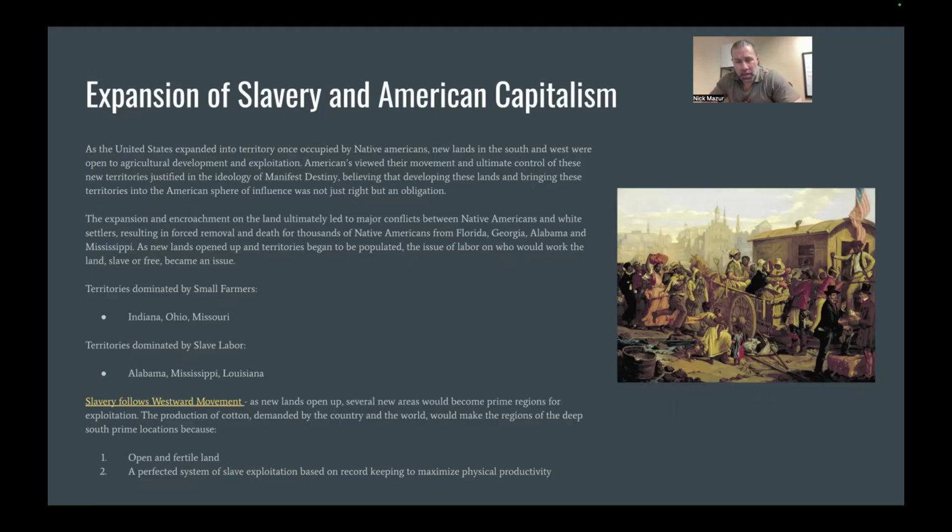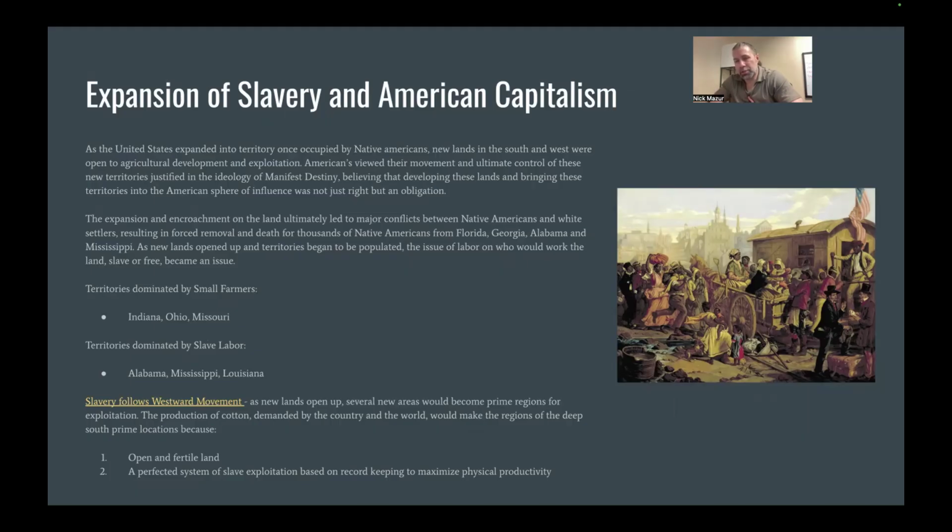If any of you have watched the movie 12 Years a Slave, there is a scene there, I think it's in the barn, when you see an individual, one of the individuals who works for the master, and he is reading out the amount of poundage each slave has picked for the day.